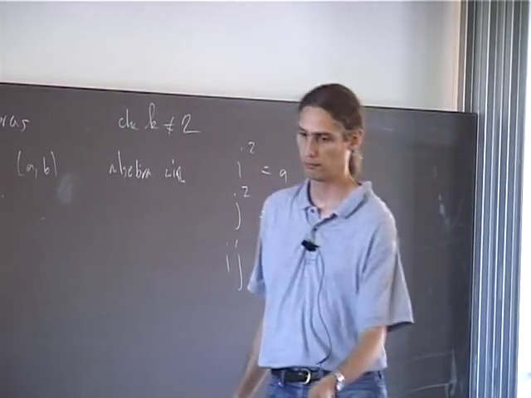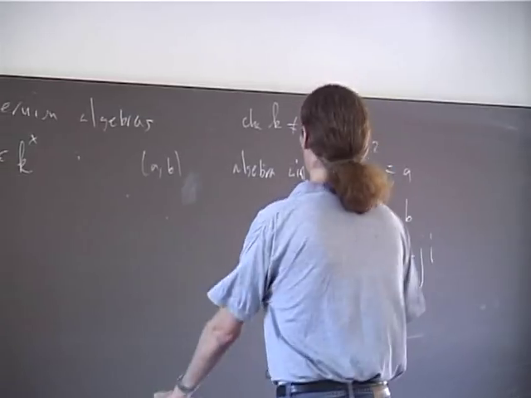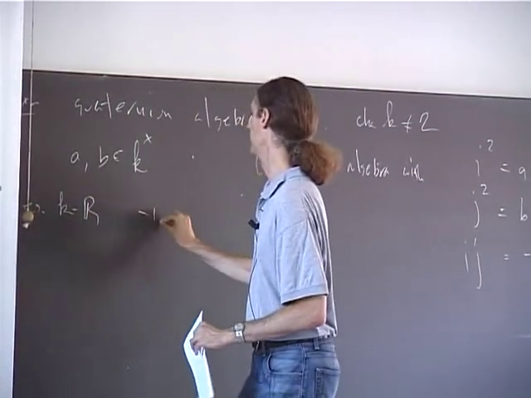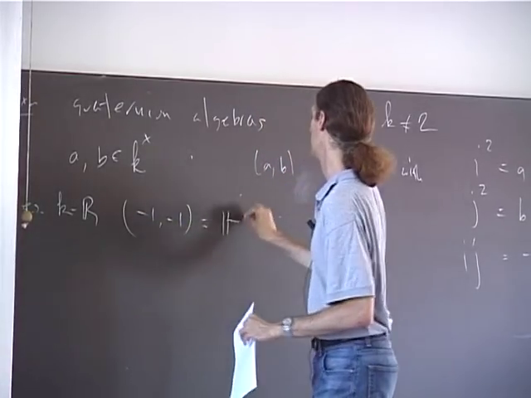Okay, so what I can say about this, e.g. when K is R, then (-1,-1) is the Hamilton quaternions.